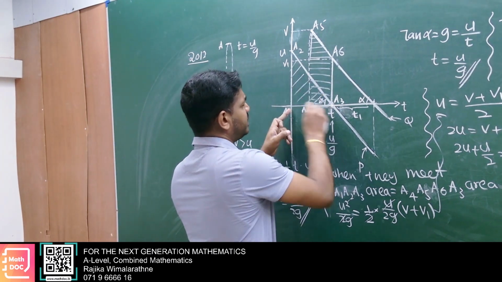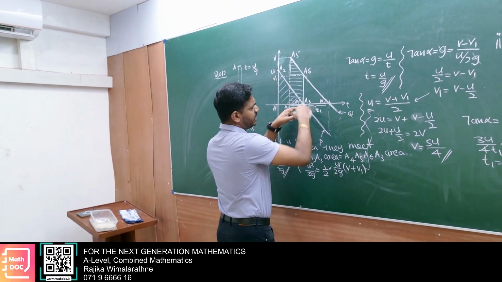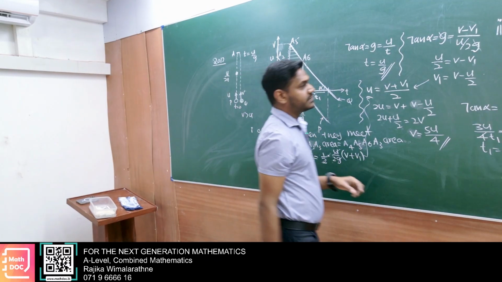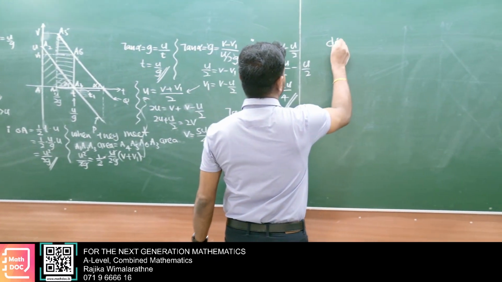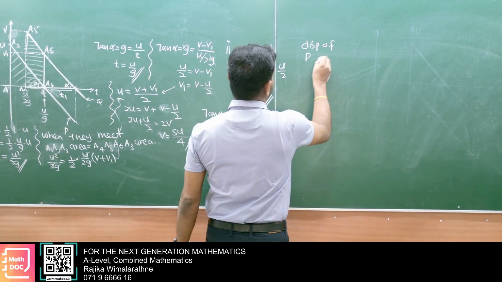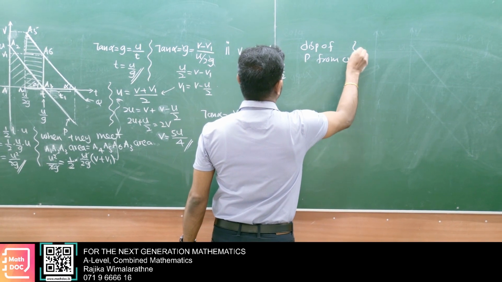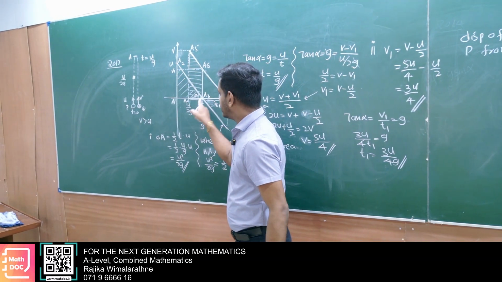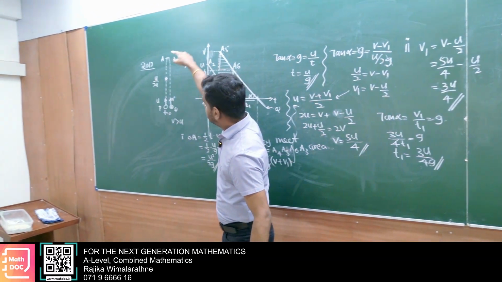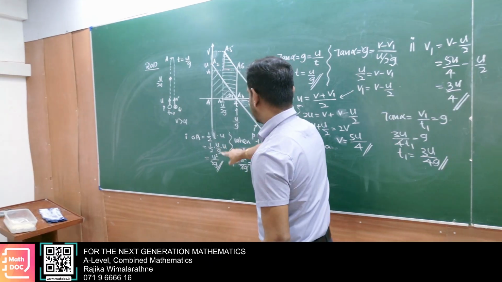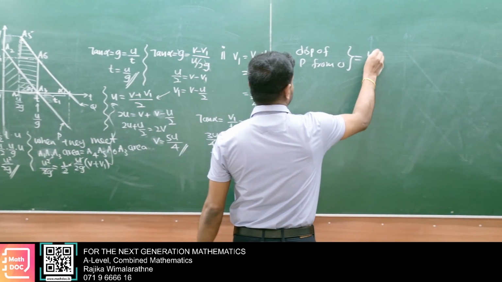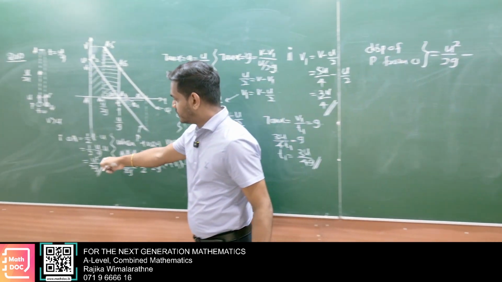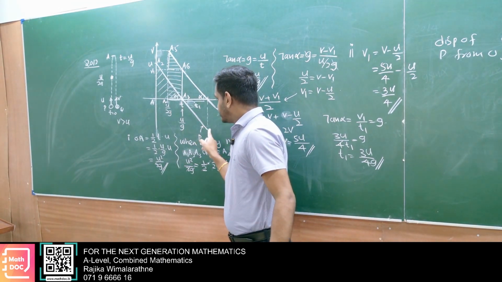So at this time we have to find displacement of P. So here maximum height, then thereafter downward motion, then you have to remove this part. Then displacement of P from O. So we know OA displacement, maximum height, then it goes to maximum height, then comes back now. Then U squared over 2G minus, here U squared over 2G, then you have to remove this area.